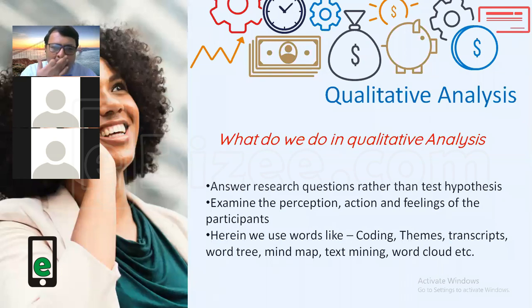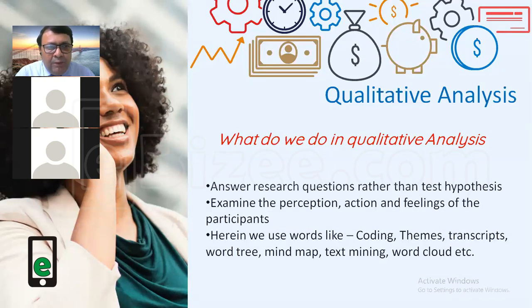Research questions like, for example, whether Donald Trump was right in his reaction to the outbreak of coronavirus. Did he misjudge the details given by the Chinese government? You want to answer these questions in qualitative analysis.